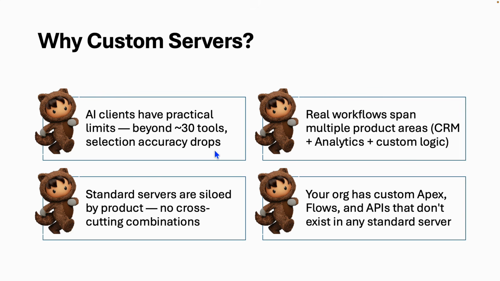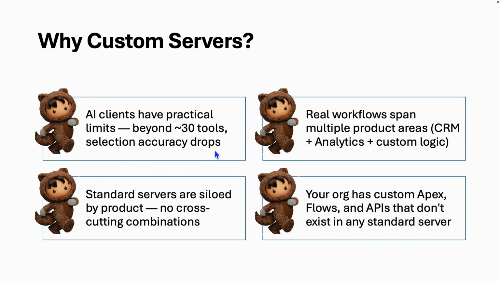So here is the exact problem that the custom server is solving. This is really important to understand. AI clients, whether they are an Agentforce agent or Claude or a Copilot, or any MCP-compatible client, have a practical limit of how many tools they can work with effectively.